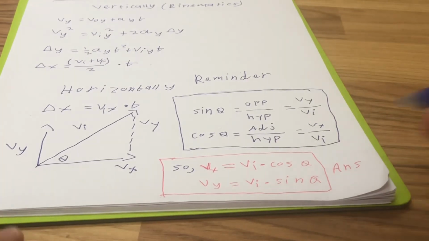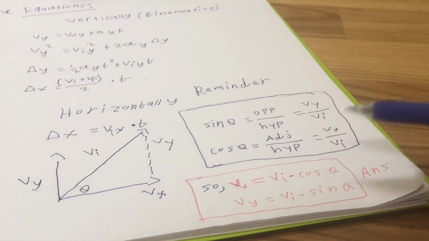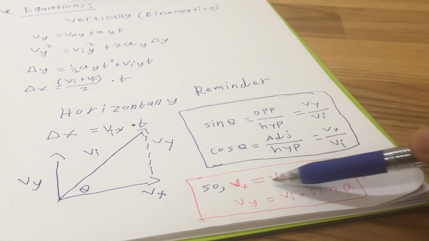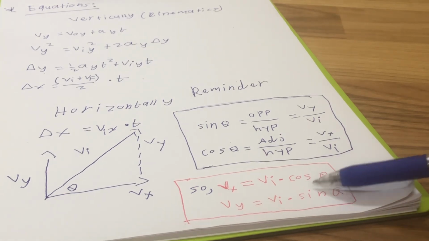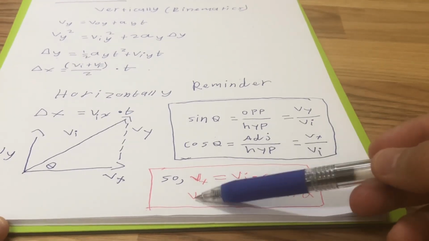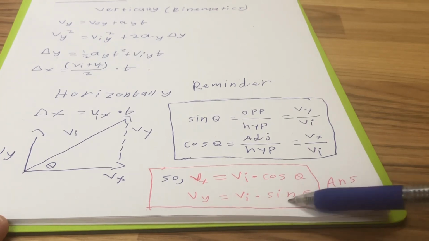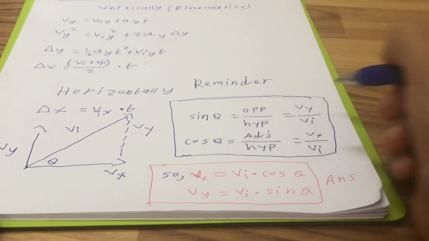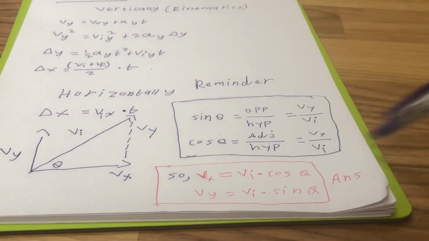So the answer, A and S means answer. For the cosine, Vx equals Vi times cosine theta, and Vy is equal to Vi times sine theta. We did a crisscross here, but ignore the opposite of the hypotenuse.